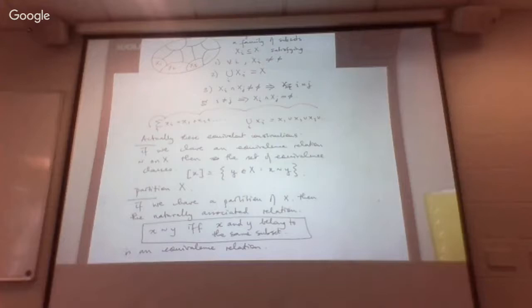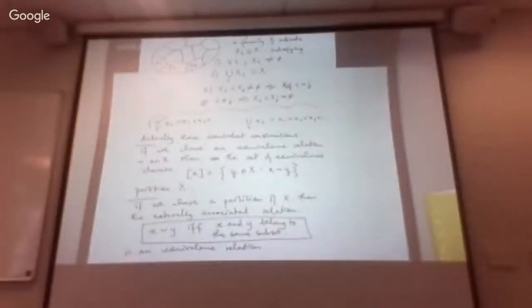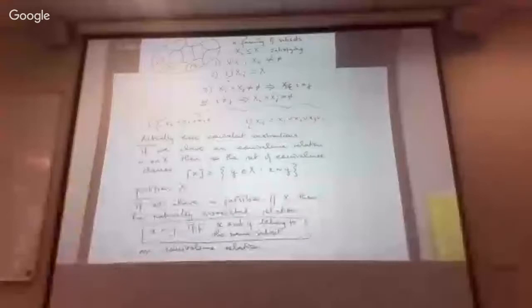Well, it's the partition where in one of the sets you find -7, 5, 11, -1, and all the other things that leave remainder 1 divided by 6. Everything in here leaves remainder 2 divided by 6. And if you build that partition and look at the membership relation that it gives, so we say two things are equivalent if and only if they're found in the same subset, then that immediately is the congruence relation.